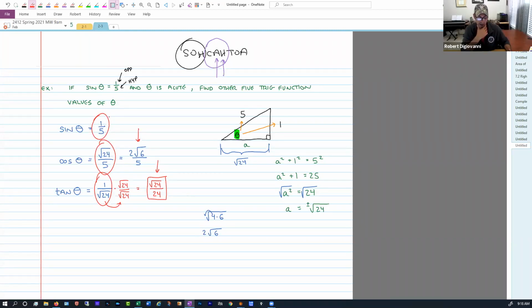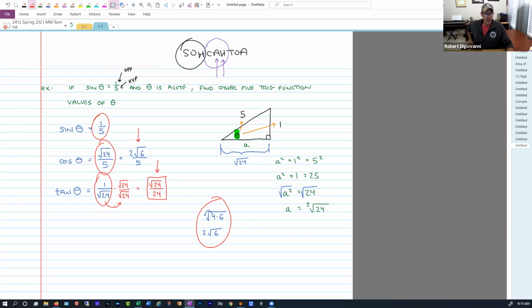So if you're having any trouble with simplifying radicals or rationalizing denominators, that's a college algebra thing, and I'm happy to help you with that. Come into my office hours, or if you can't, go to the tutoring provided by the school and just say, hey, I need help with simplifying radicals or rationalizing denominators.